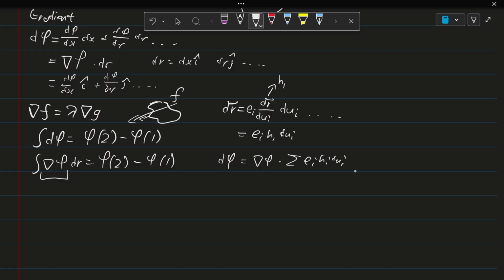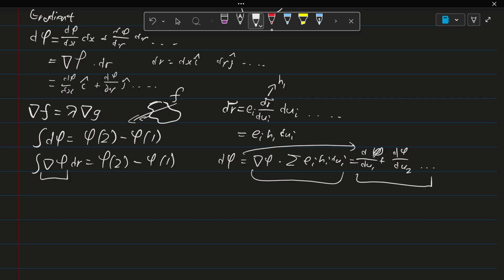And this must correspond to the d phi over du1 plus the d phi over du2 and etc. So this is the definition of the differential. I want this thing to be the same thing as this one, which comes from this one.